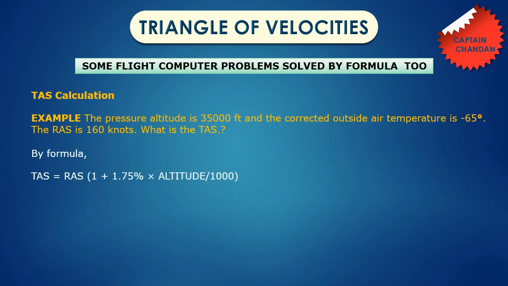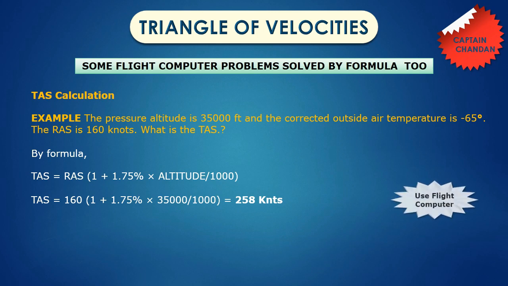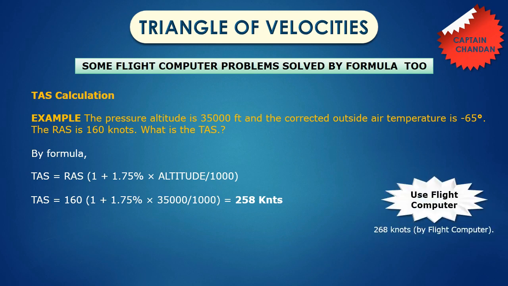By formula, TAS is RAS times (1 plus 1.75% times altitude divided by 1000). Putting in all the values, you will get the answer 258 knots. But if you are using a flight computer, your answer will be 268 knots. Kindly use the closest answer in the DGCA exam because there are 4 options. So just look for the closest answer.